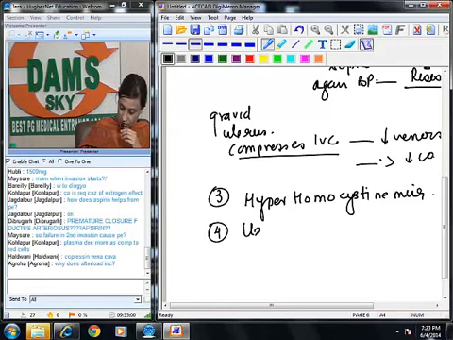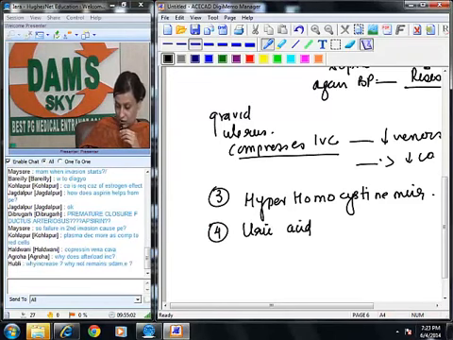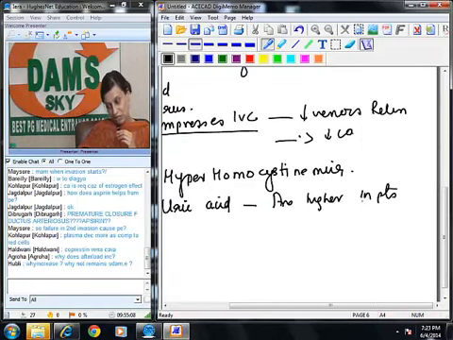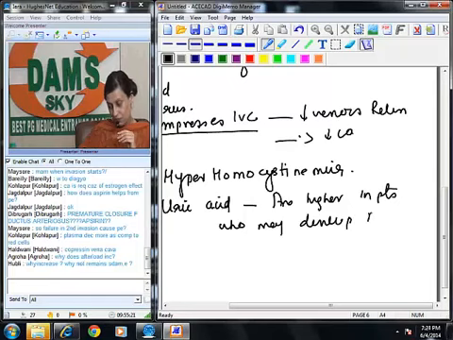Fourth predictor is uric acid. So serum uric acid levels are higher in patients who may develop preeclampsia.